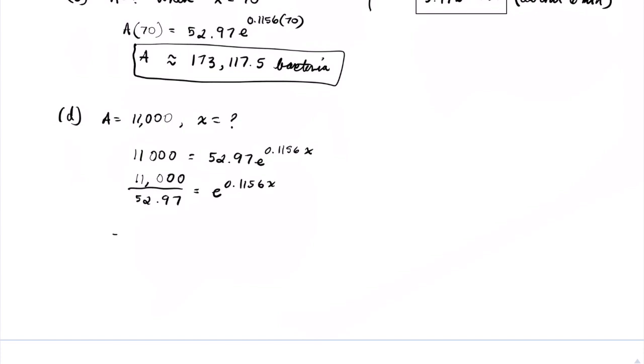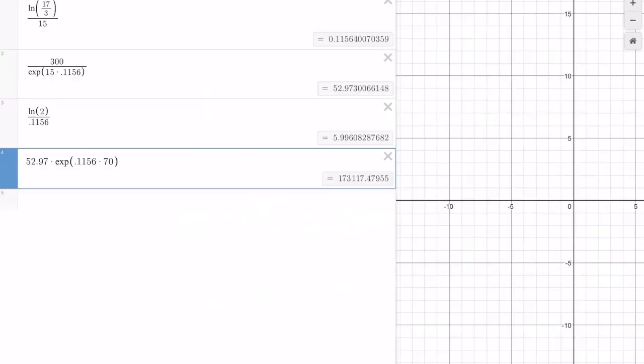Okay, then at this point we would just solve as we know it, and of course we're going to use natural log. So we'll have natural log of this fraction 11,000 over 52.97, and then divide by k as usual, 0.1156, and that would be equal to your x.